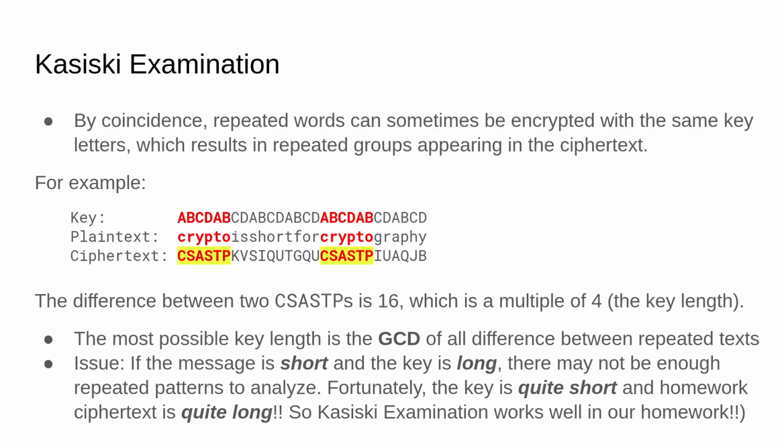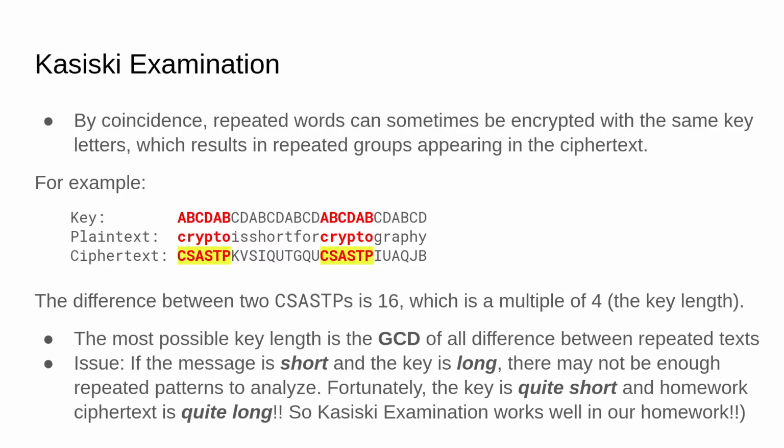And this type of repetition can be pretty useful for cryptanalysis. So if an attacker notices a repeated pattern in the ciphertext, then the distance between these two occurrences can help us determine the key length, because the distance between repeated patterns must be a multiple of the key length.